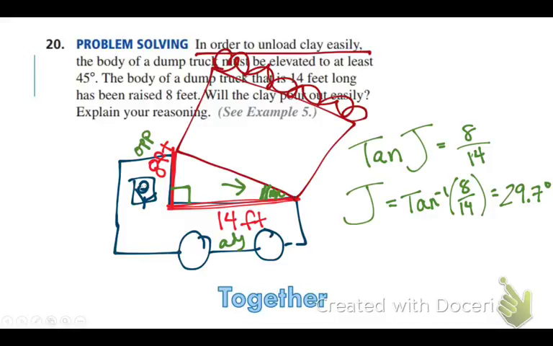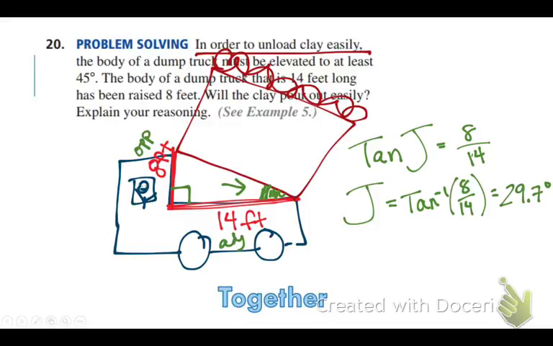So listen. All of you are at least 14 years old. What does at least mean? That the lowest number is 14. So when it says it needs to be elevated at least 45 degrees, it could be 45, it could be 50, it could be 60.